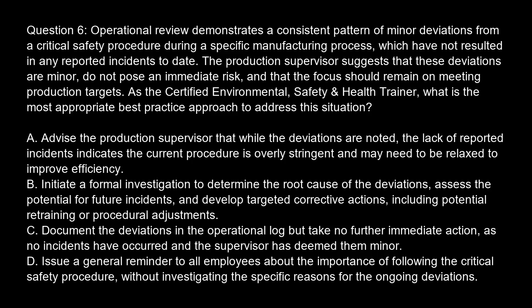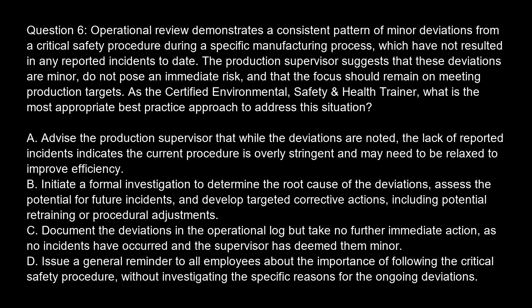Option A. Advise the production supervisor that while the deviations are noted, the lack of reported incidents indicates the current procedure is overly stringent and may need to be relaxed to improve efficiency. Option B. Initiate a formal investigation to determine the root cause of the deviations, assess the potential for future incidents, and develop targeted corrective actions, including potential retraining or procedural adjustments.